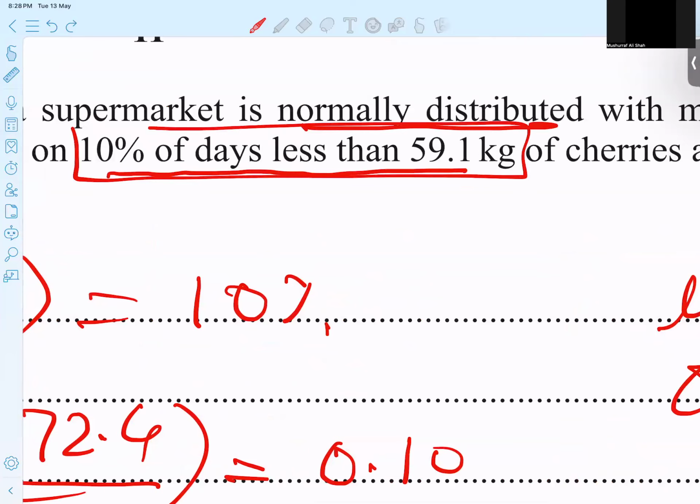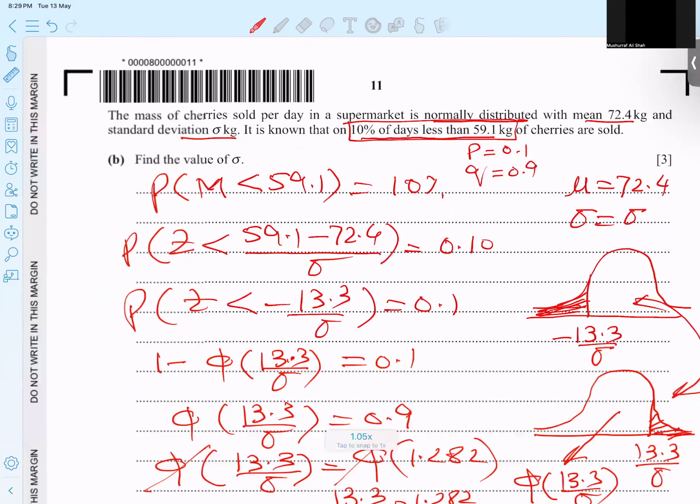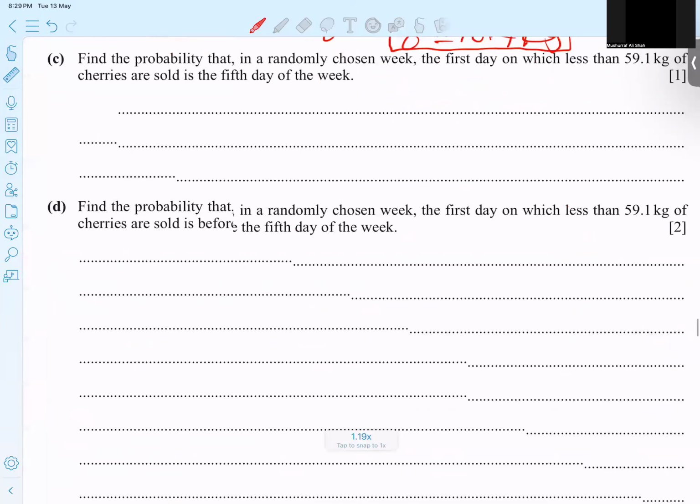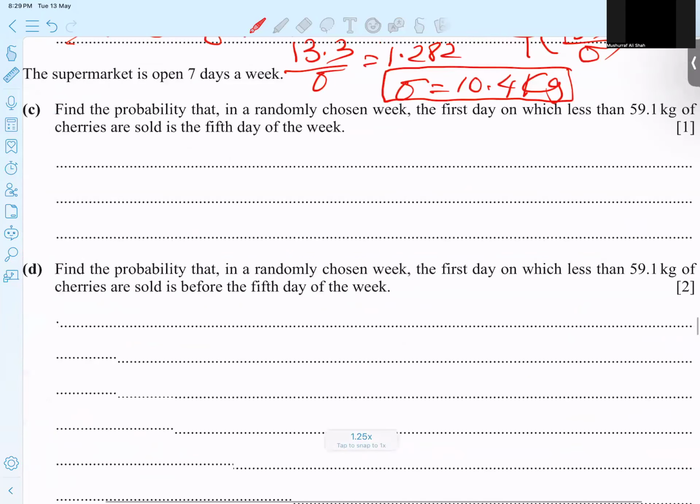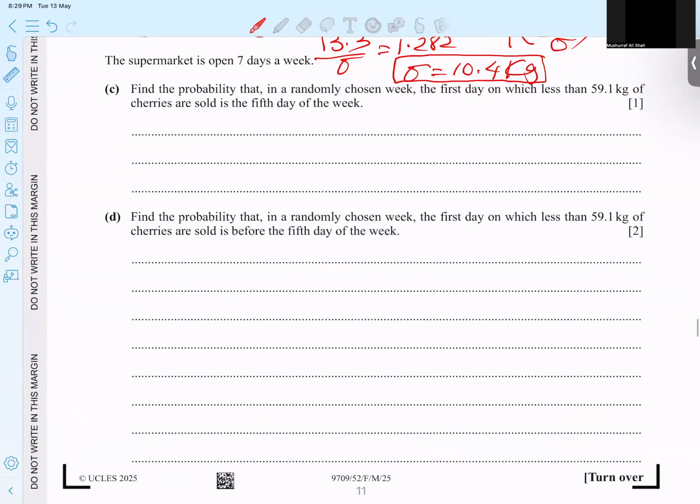So it means the probability is in my favor. Less than 51.1 kilograms is 0.1 and Q will become 0.9. So I think you got how I got the P value and the Q value. P is 0.1 and Q is 0.9.